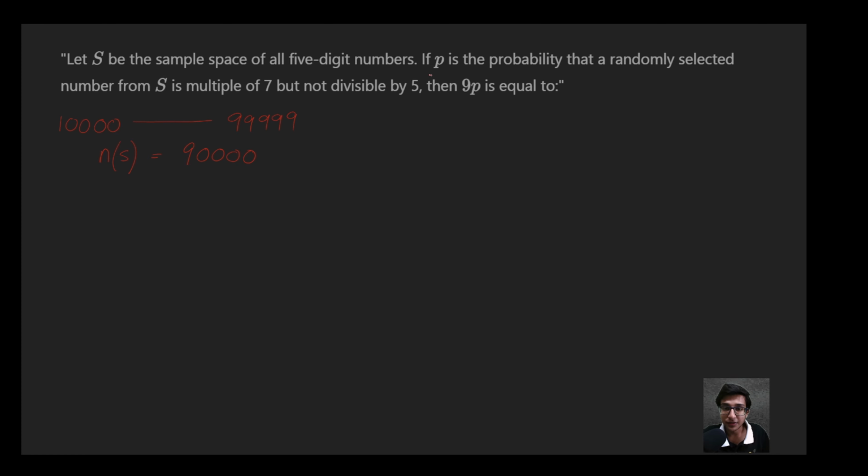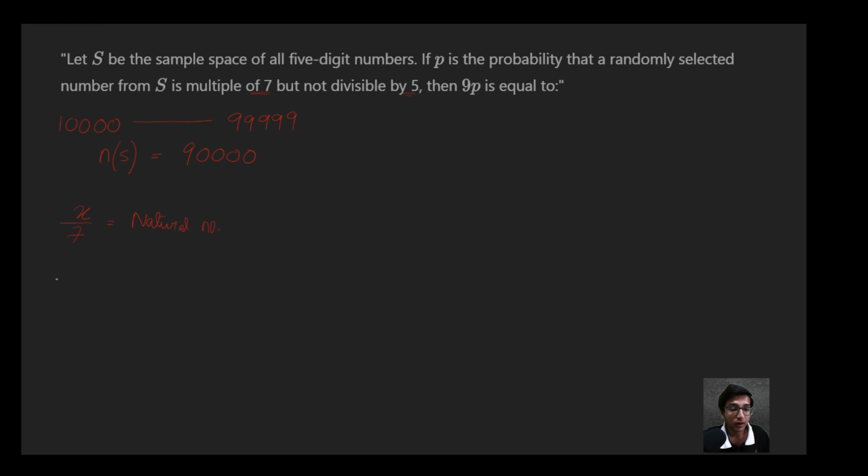Now they've told us that P is the probability that a randomly selected number from S is a multiple of 7 but not divisible by 5. Here you have to understand this concept: if I choose a number x that is divisible by 5, that means I would get a natural number here. But it should not be divisible by 5.